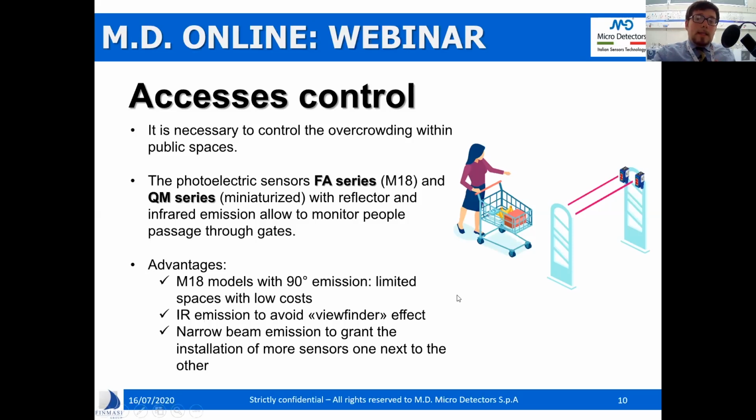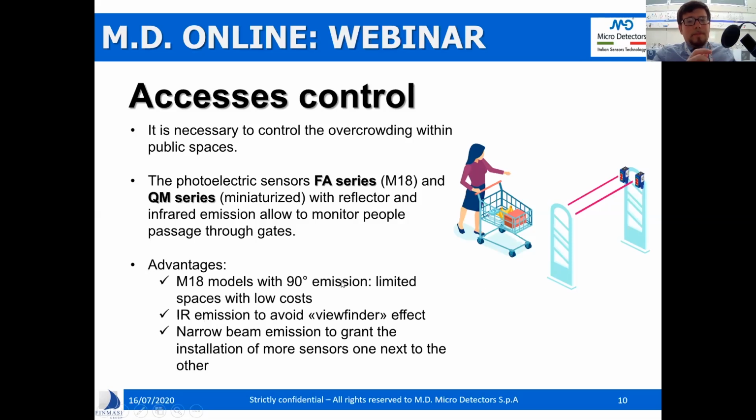In this case, we just installed a couple of photoelectric sensors, as you can observe in this picture, and we are able to distinguish between the in and the outflow just on the basis of the order of the sequence of beams that are interrupted through the passage of a person entering or coming out.